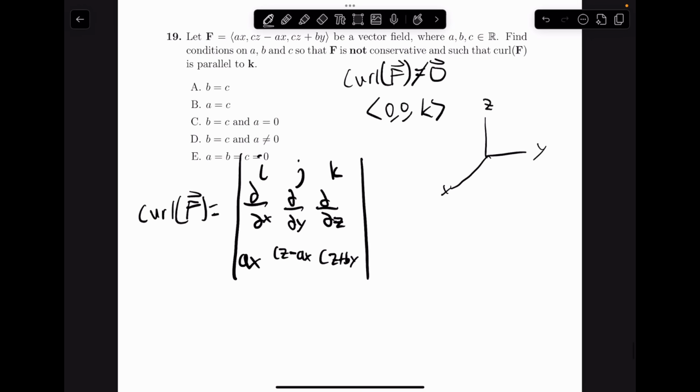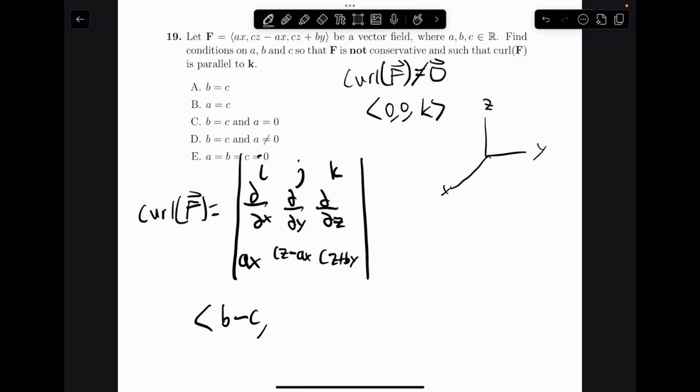And this is going to be that determinant-looking thing. For the first component, we cross these out and we do d/dy of this thing right here, which is b, and then minus d/dz of this thing right here, which is c.